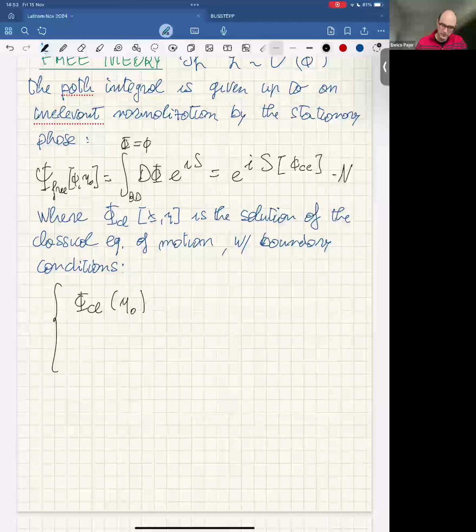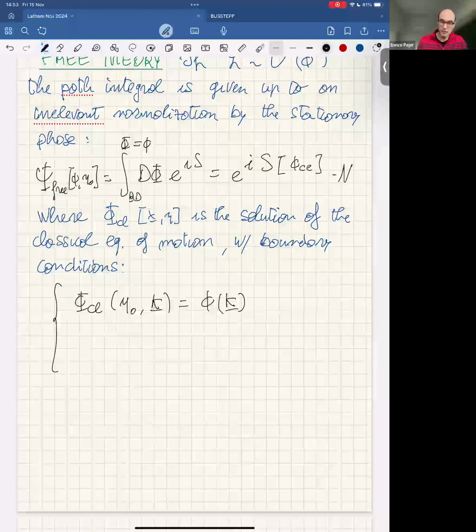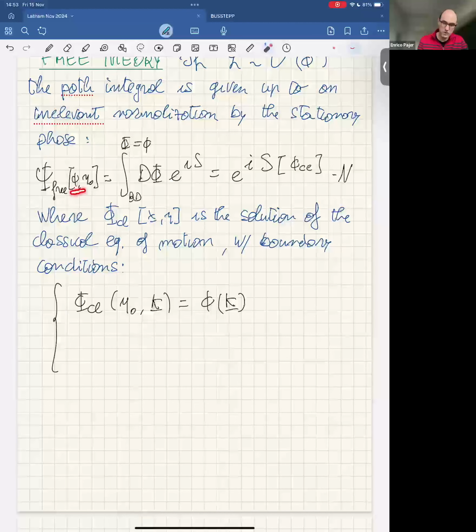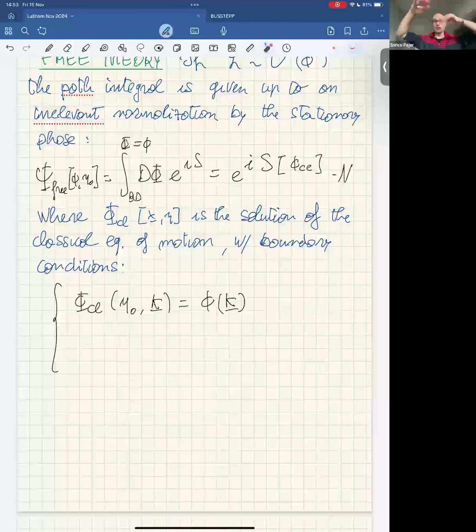At time eta 0, this function should be the function that appears in the argument of the wave function. This phi here should be this one. Okay, we're asking for all of the configurations that end on that particular phi of x, or phi of k in Fourier space.